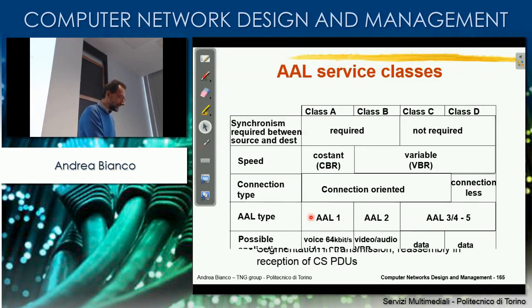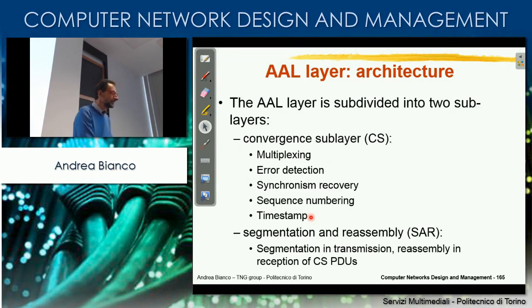Now, I don't want to go into too many details. These functionalities are provided for the different AALs in the so-called convergence sublayer, which is part of the AAL. The other part is segmentation and reassembly, which does what we have said before: take the data, chop it, and then reassemble at the receiving end.